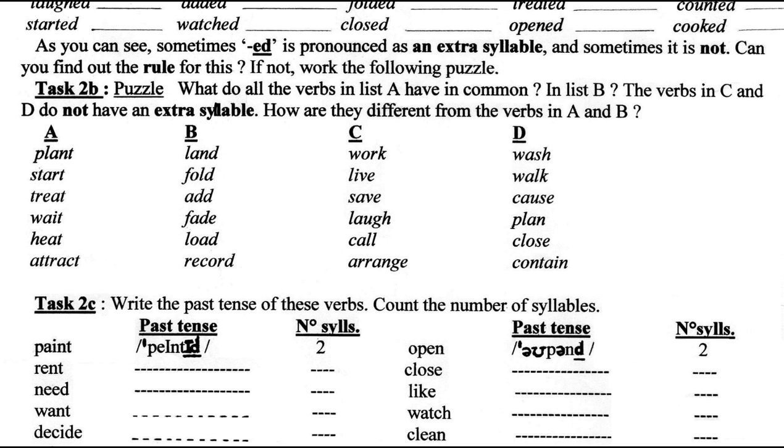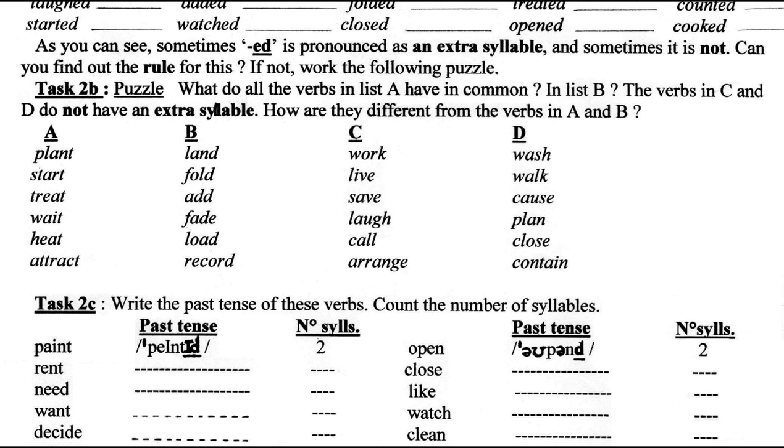The verbs in list C and list D do not have an extra syllable. What do we mean by that? We are going to explain that later on. So, how are they different from the verbs in A and B? What makes the verbs in C and D different from A and B?